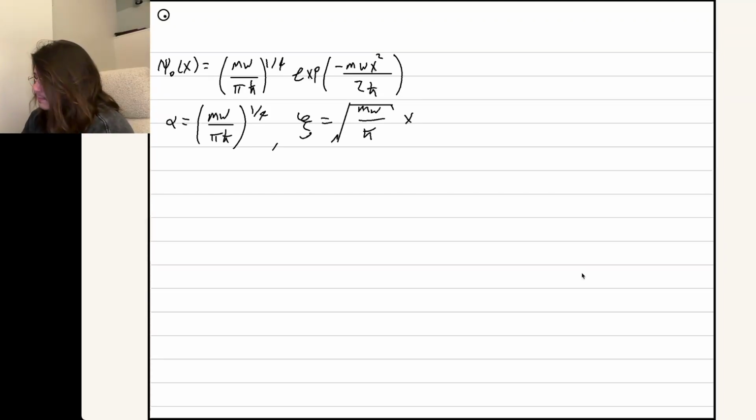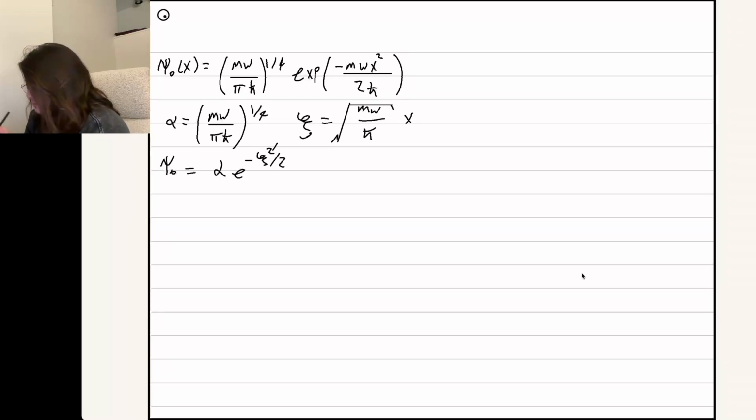So that means, given these variables, it's very easy to rewrite psi 0 as alpha times e to the minus c squared over 2.